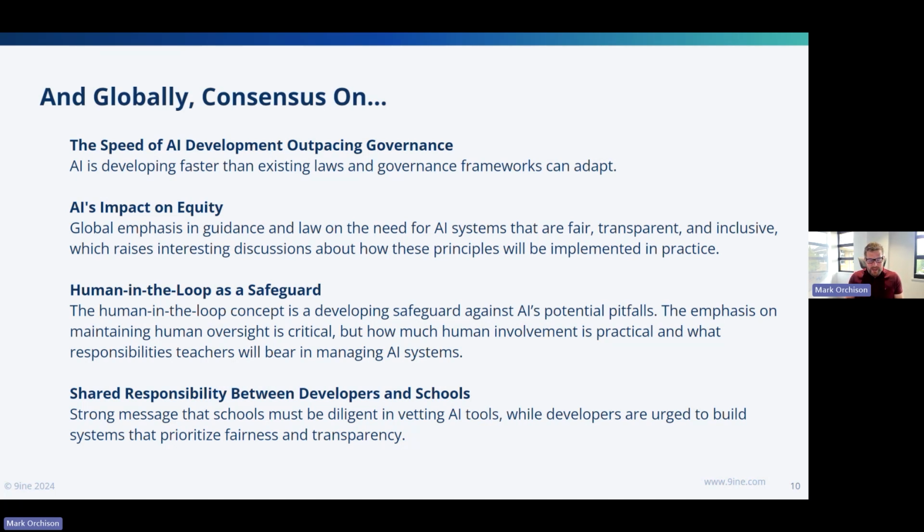So with this developing narrative, and with schools really wanting to use AI in many cases, there's going to be this friction. There are going to be conversations that need to be had about what the role of teachers is in overseeing this, because it's not necessarily a responsibility that a single person can be responsible for.